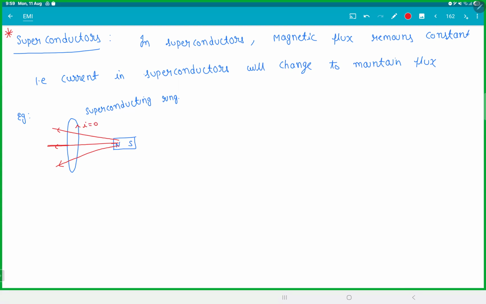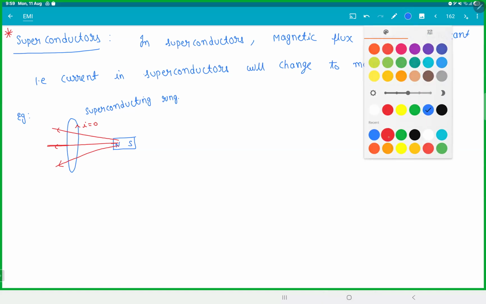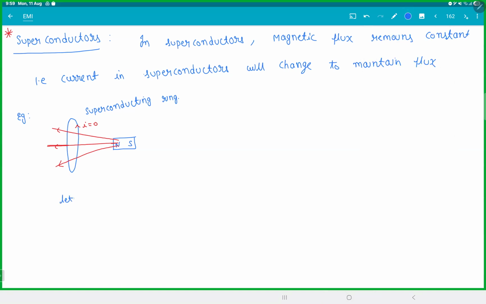So initially the superconductor has no current, but there's a magnet outside, so there is some flux. Let phi be the flux due to the magnet. Now, if the magnet is removed, let's say you don't touch the coil, keep the coil there, and just move the magnet from there to infinity.